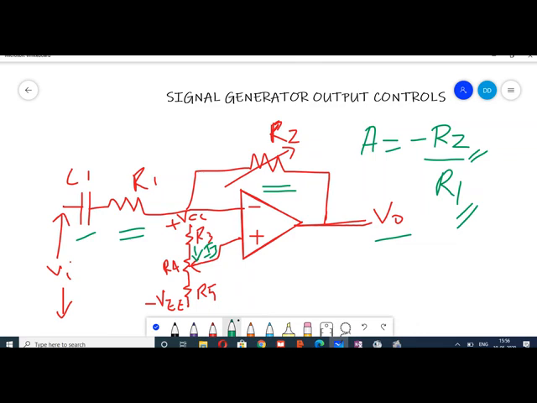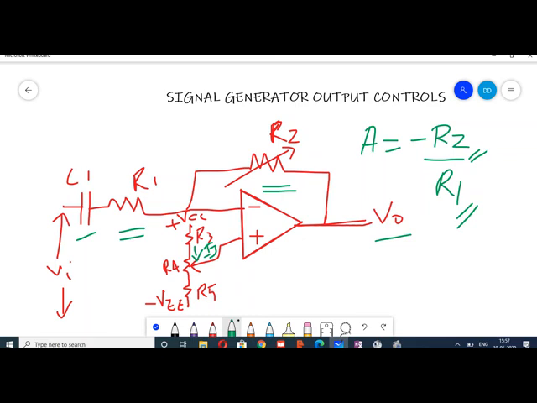Now usually what we do is, if it is an inverting amplifier, the non-inverting terminal we ground. That means the potential over there is 0. If we want to vary the DC, then instead of connecting it directly to ground, we connect it to a potentiometer.